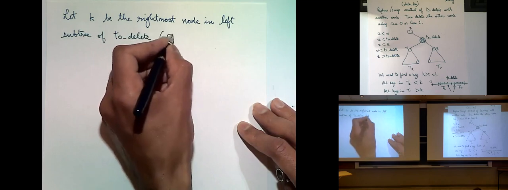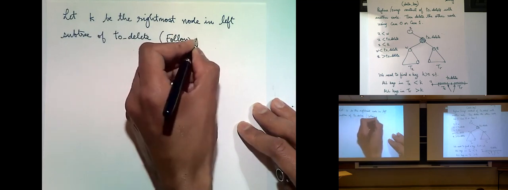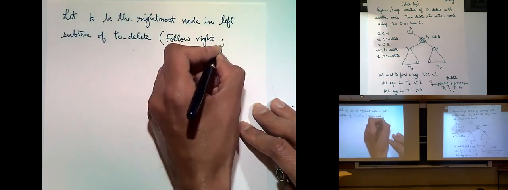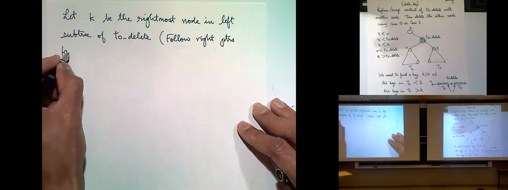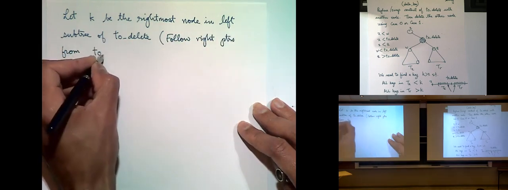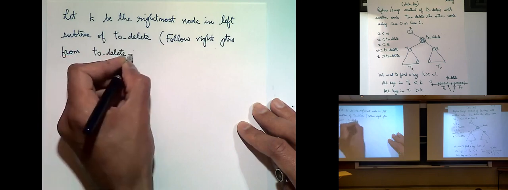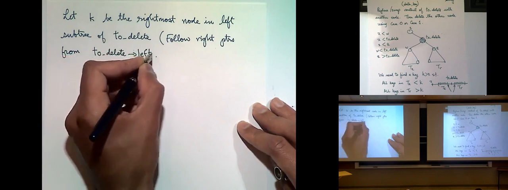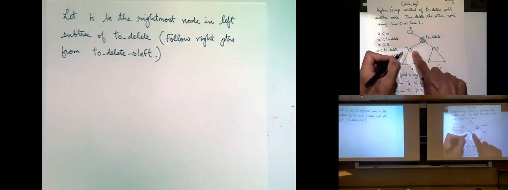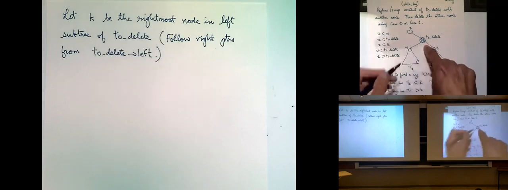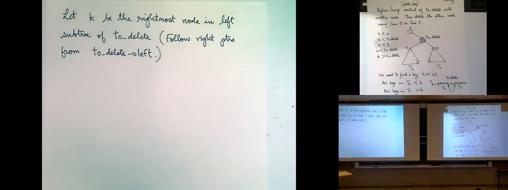This means that you just follow right pointers from 2delete arrow left. And note that 2delete arrow left is not null, because we are assuming that 2delete has two children, so neither of the children are null.